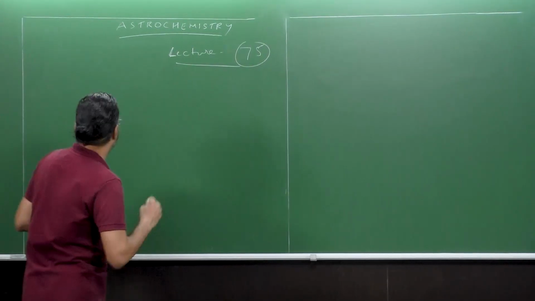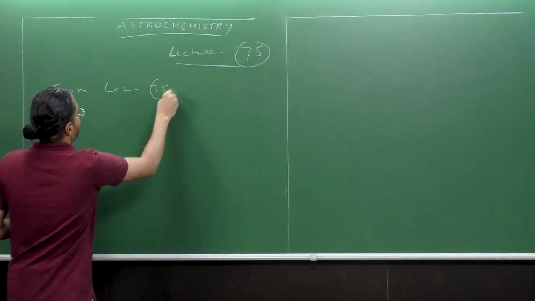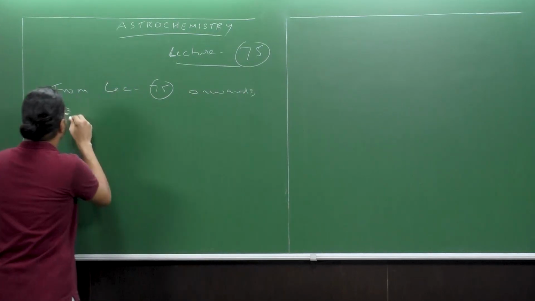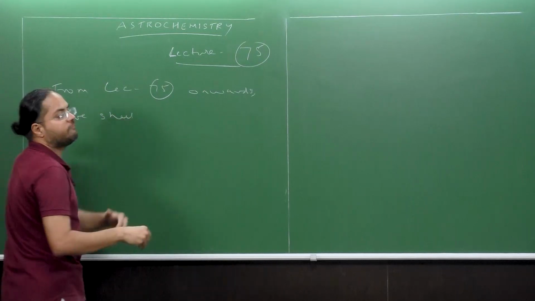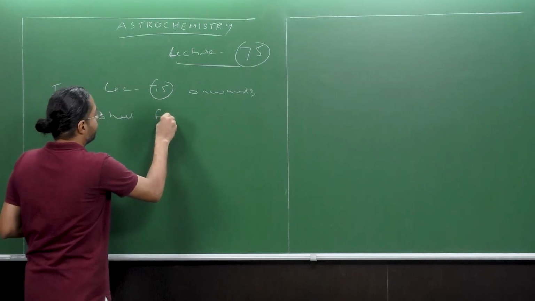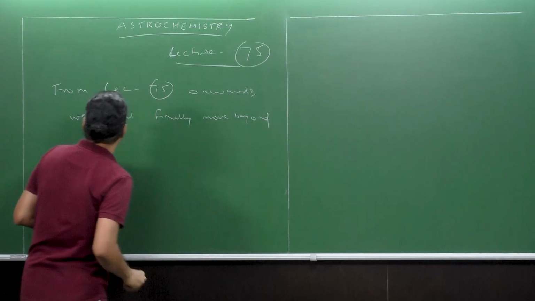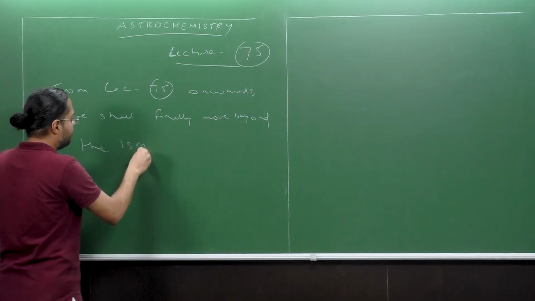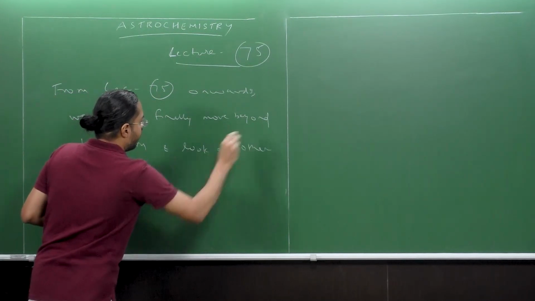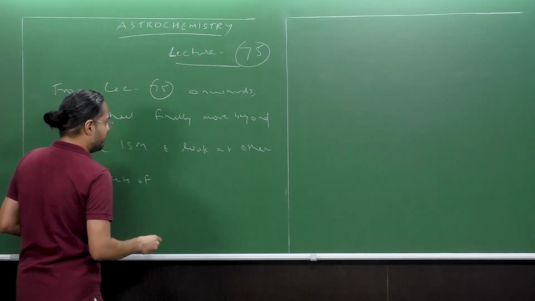So from this lecture onwards, from lecture 75 onwards, we shall finally, if I may say it in a tongue-in-cheek way, move beyond the ISM, that is the interstellar medium itself, and look at other aspects of astrochemistry.